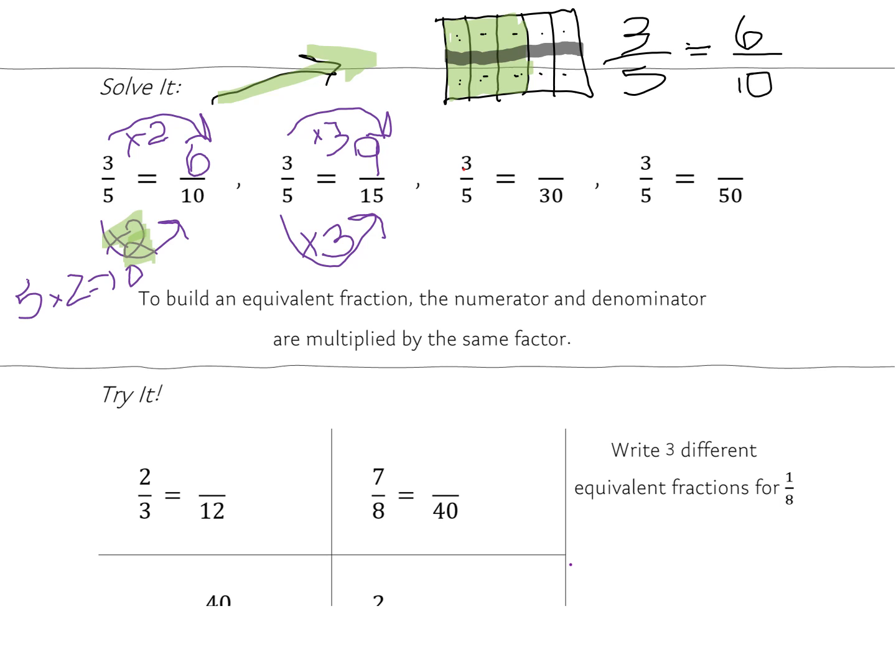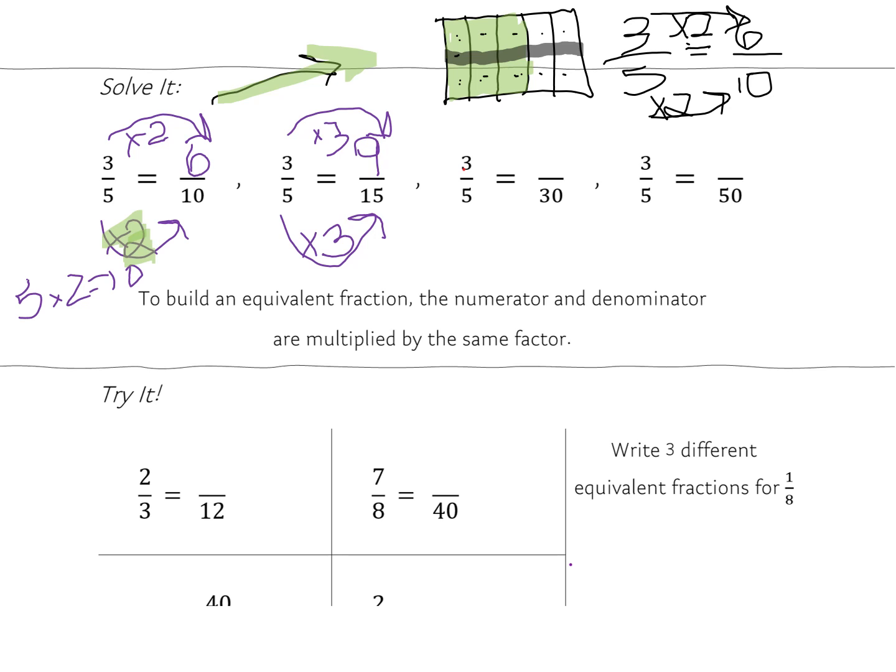All I did was take the same thing and cut it up into different ways. When I multiplied my denominator times 2 and my numerator times 2, all I did was take my existing fraction and cut each of those pieces into 2 pieces.